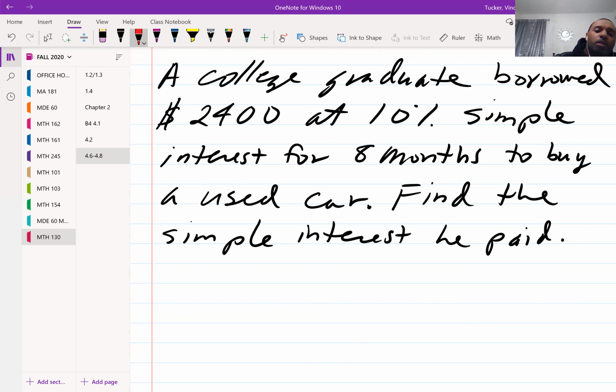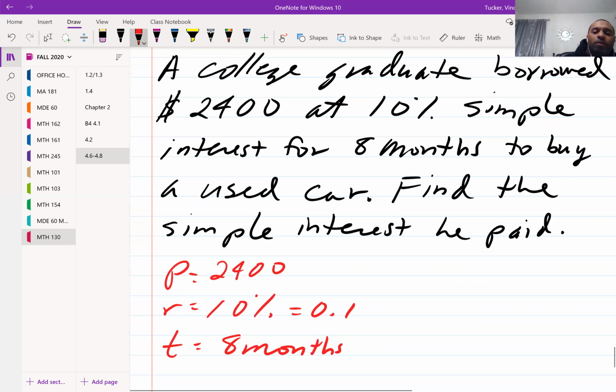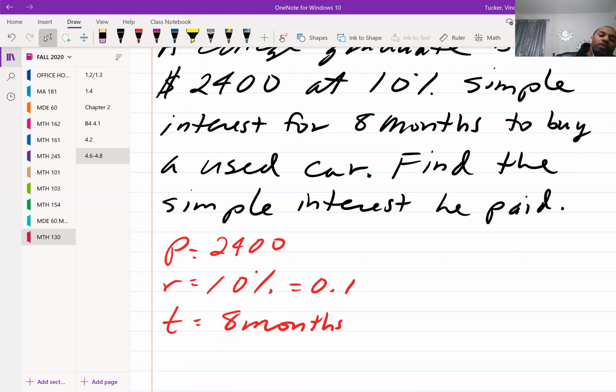Your principal, or your loan, is 2,400, your rate is 10%, which would be 0.1. And then we have 8 months here. Don't forget our time needs to be in years. So it's going to be 8 over 12 years, and that can reduce to 2 over 3, 2/3 of a year.